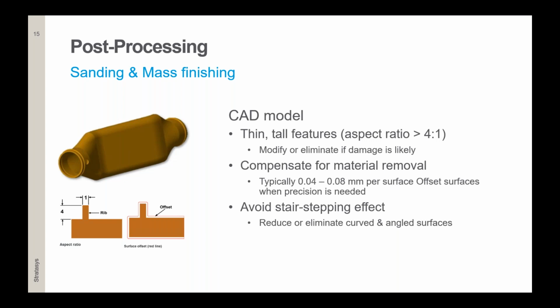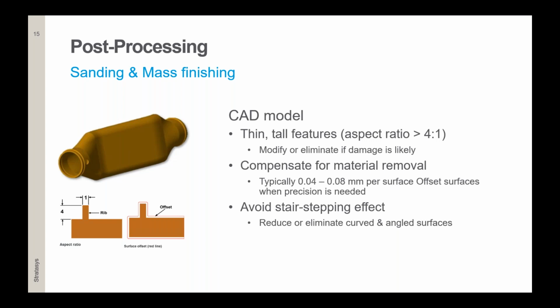For example, if you have thin tool features, you might want to modify them or eliminate them completely if possible, because if used with mass finishing, the media can damage those thin features, or when it's sanded, it will be hard to get into the places. Normally, as a recommended rule, an aspect ratio of 4:1, speaking about coming from the side, is recommended for a small, thin and tall feature.